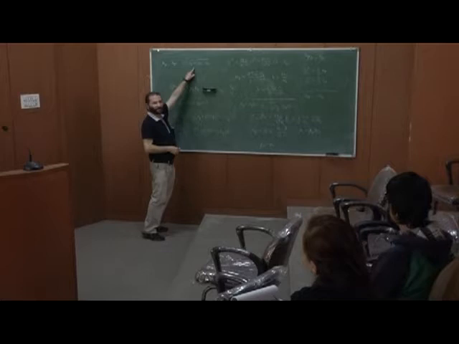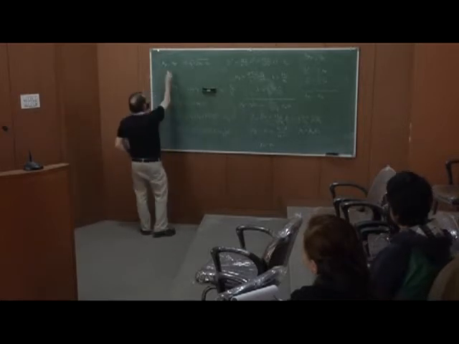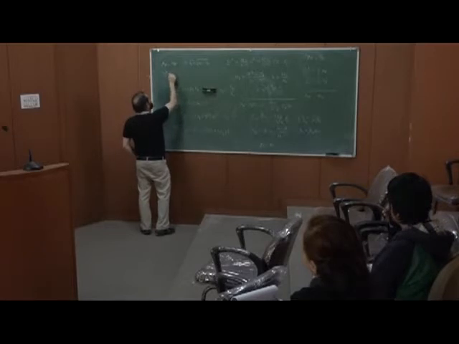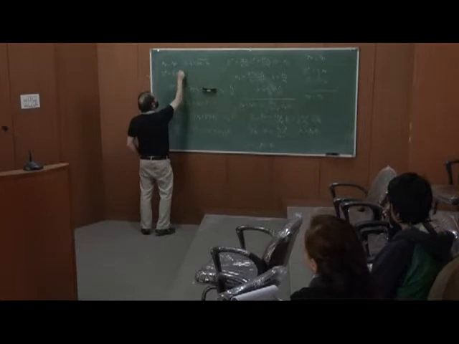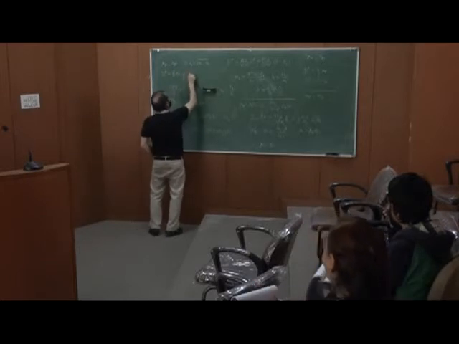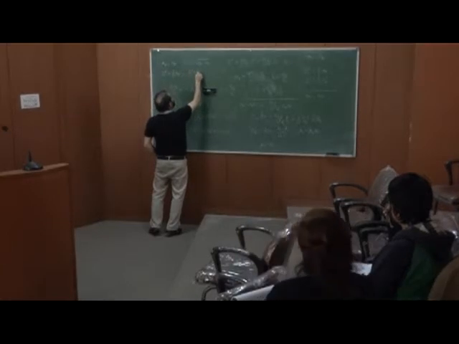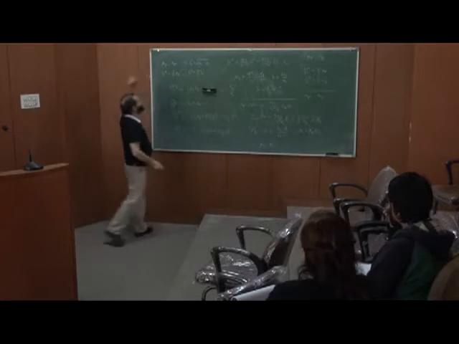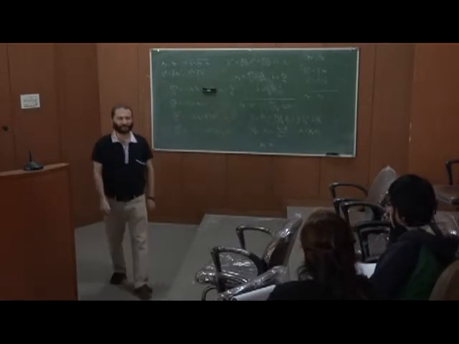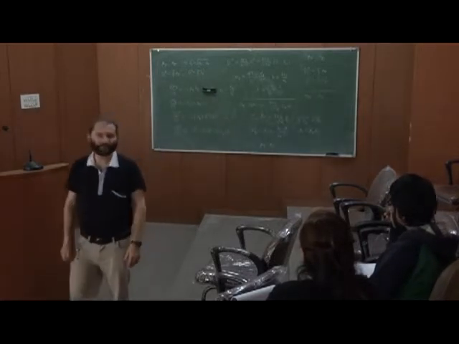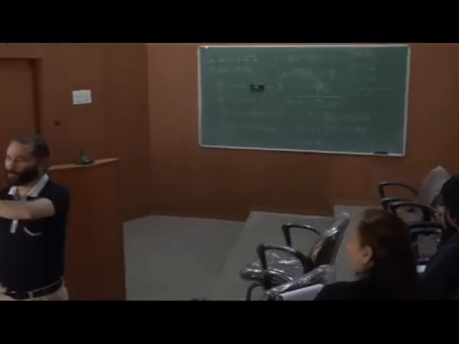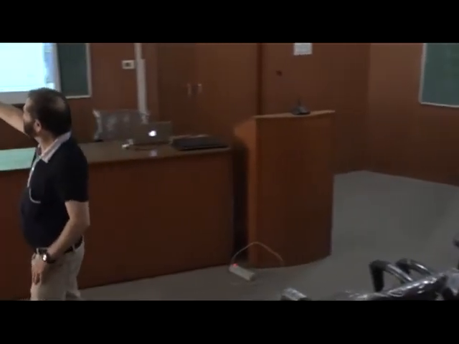And then we compute d mu 0 by dr, and that's it. We're ready to integrate the system. This is what I'm going to show you now, how it is done.